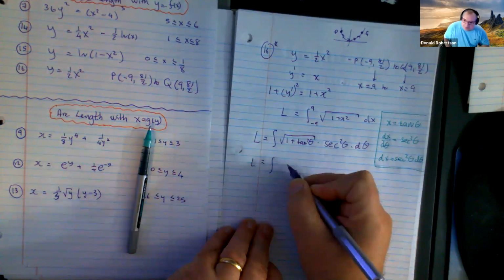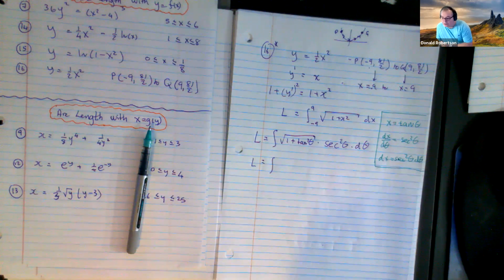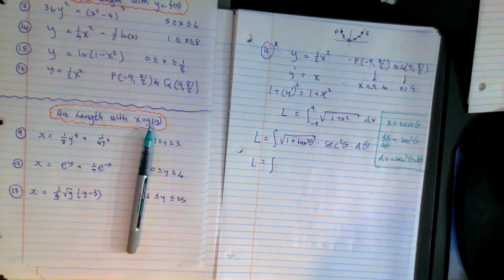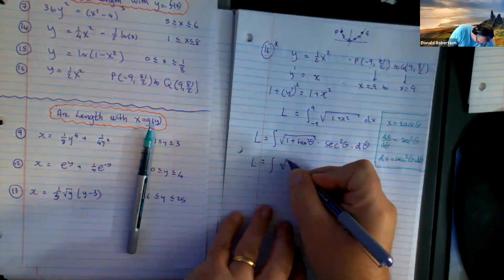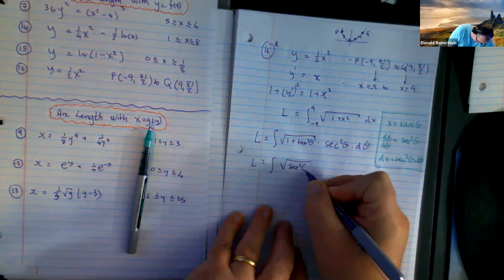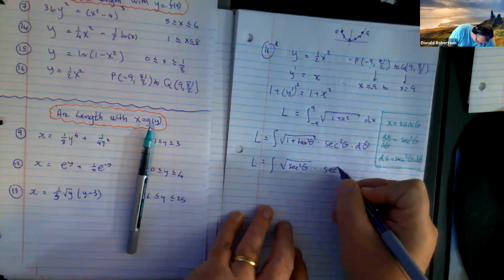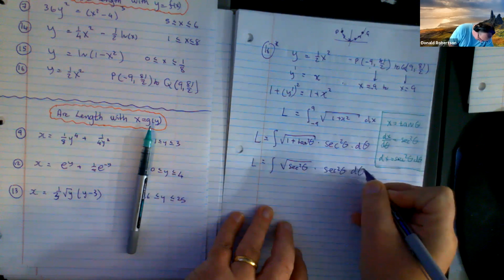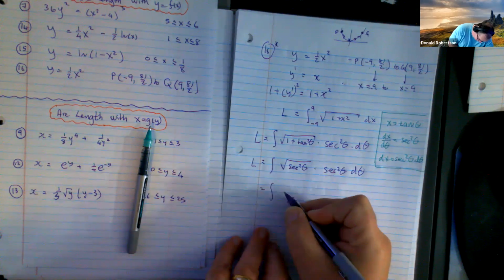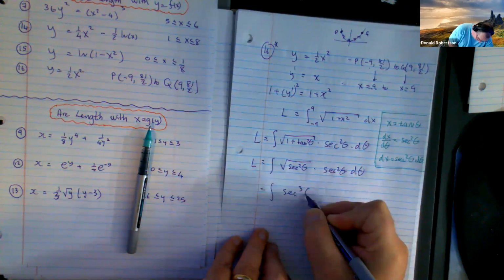Can anybody remember what 1 plus tan squared gets us? When you do x subs, what does 1 plus tan squared get you? Secant squared? Okay, so we have the square root of secant squared times a secant squared. And this fella now becomes secant cubed theta.